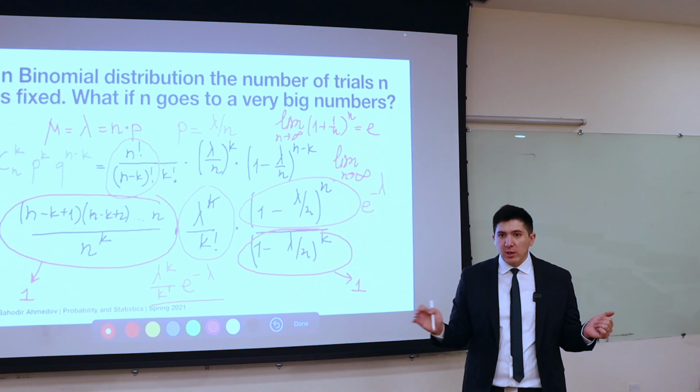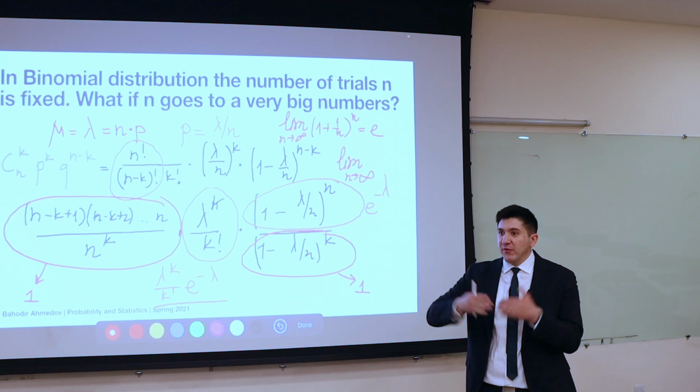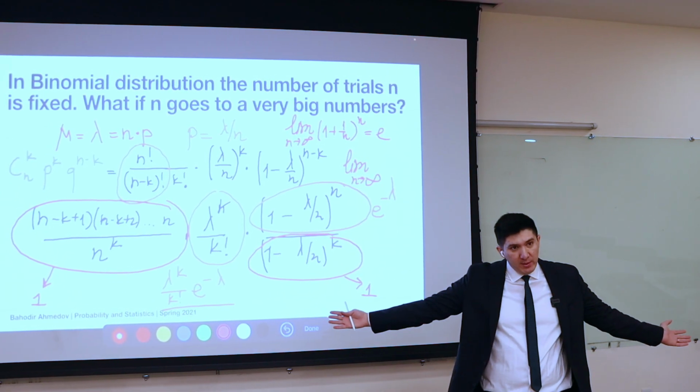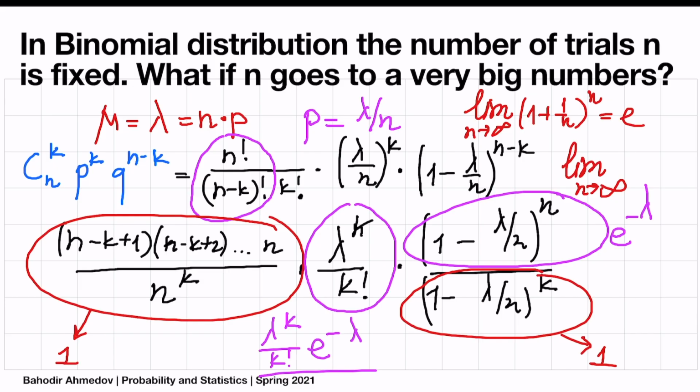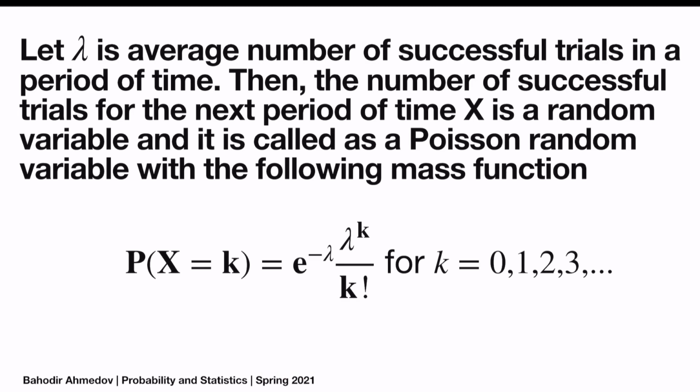Do you remember I told you, what is the probability that in the next 5 minutes there will be 55 cars, 55 successful trials, when the number of trials is infinity? And this is equal to this value. So you just need to substitute the average value and the number of successful trials to get the value. We call this distribution the Poisson distribution.